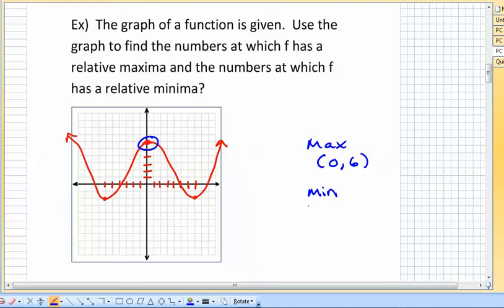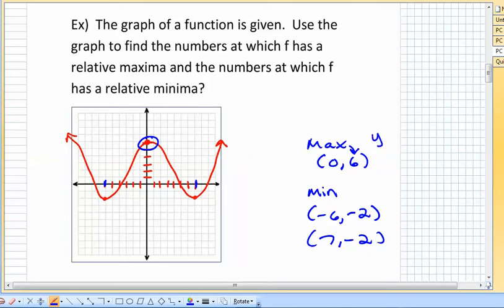And the minimum values occur right here if you count, at -6, -2, and at 7, -2. If you count over 1, 2, 3, 4, 5, 6, that's 7 and -2. So those are the maximum and minimum points. Now the actual maximum value is 6. The maximum is the y value.